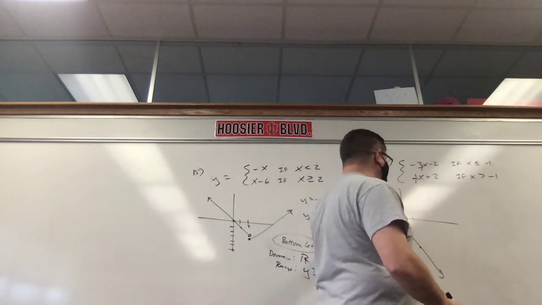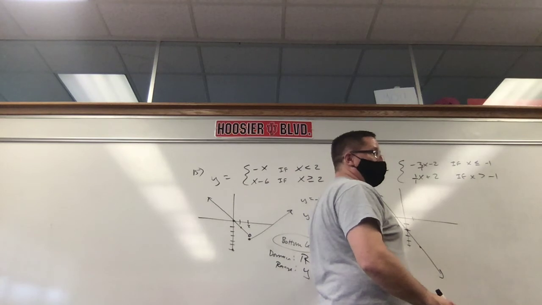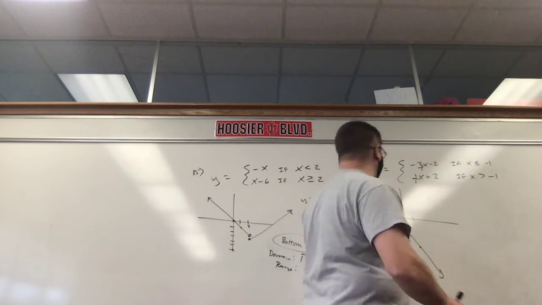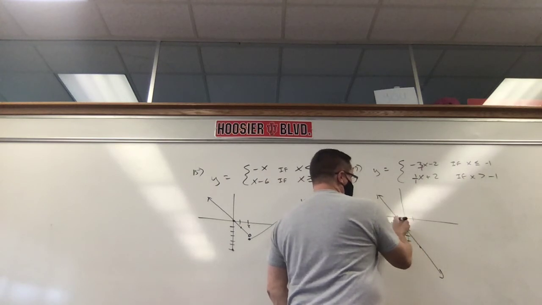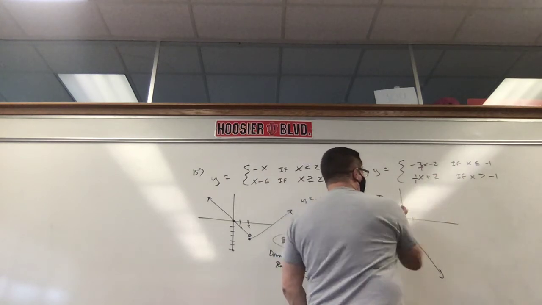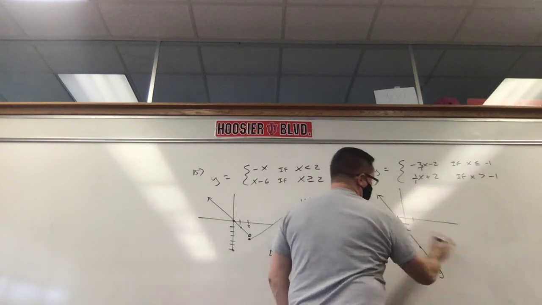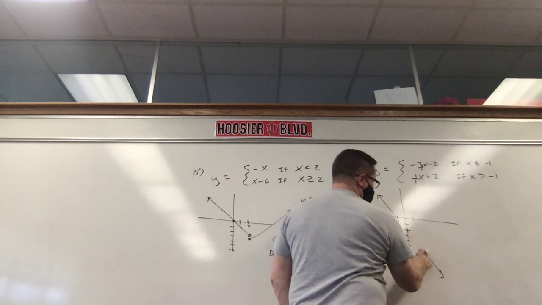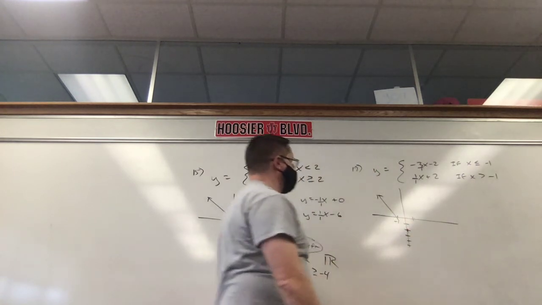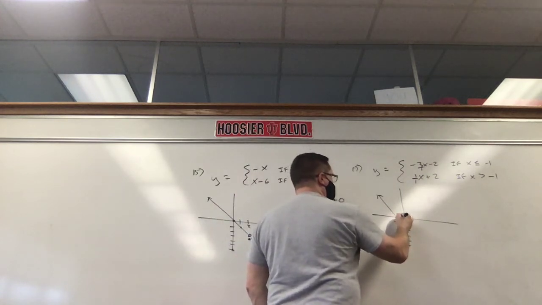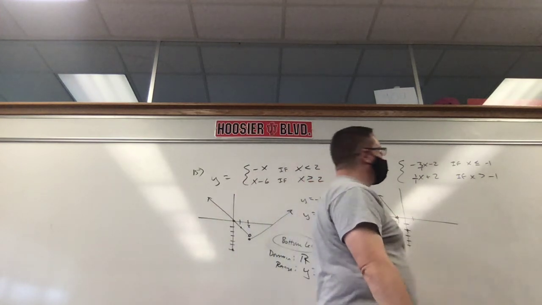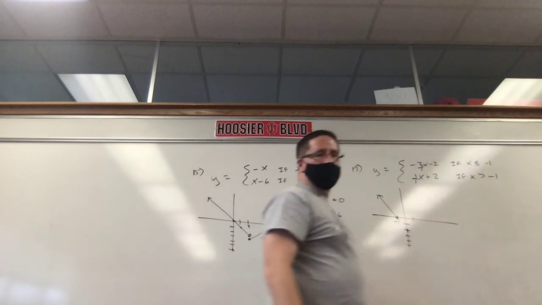So we're going to keep the left and get rid of the right, to the right of -1. So -1 is right around here. We want to keep to the left, but get rid of the right. So let's erase that. Open or closed dot right here? Closed. Why? Because it's equal to.